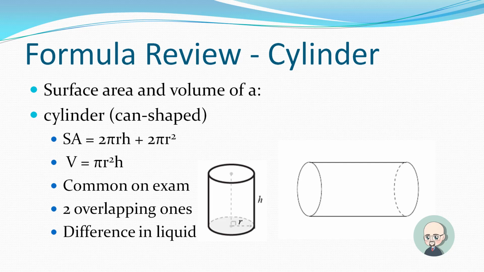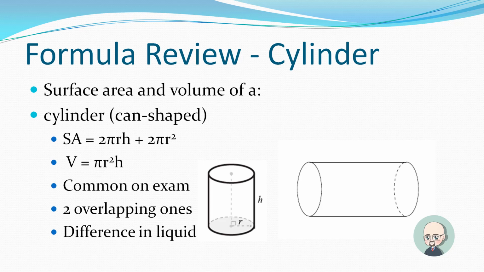A fruit salad can or soup can or something of that nature is a cylinder. The volume is pi r squared h. That's really straightforward. The volume's a circle, pi r squared, times h. And since a circle's part of it, that makes sense.